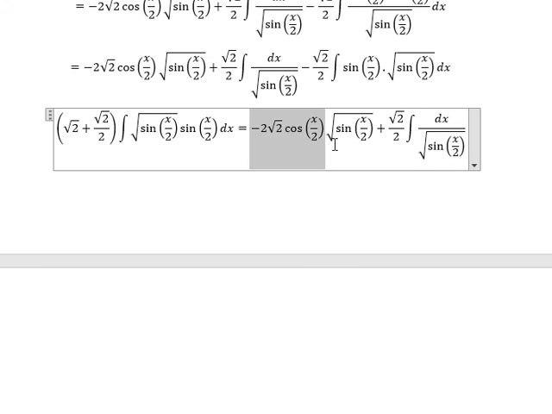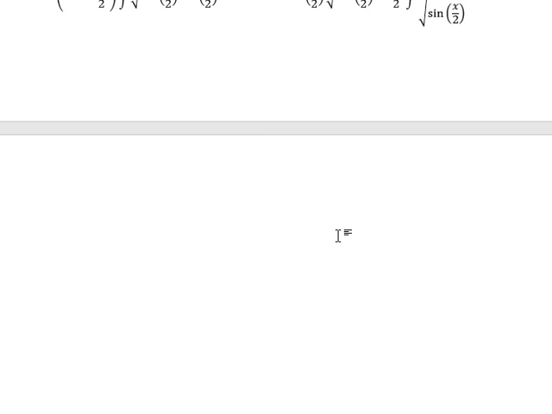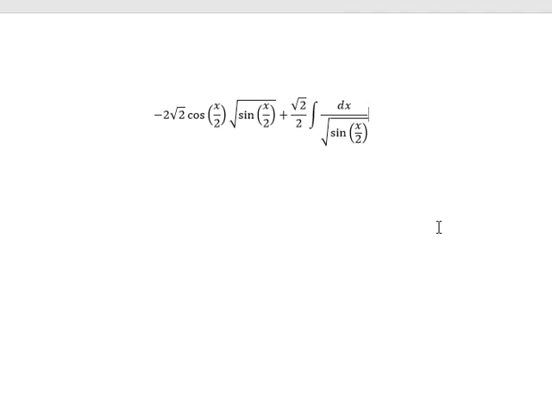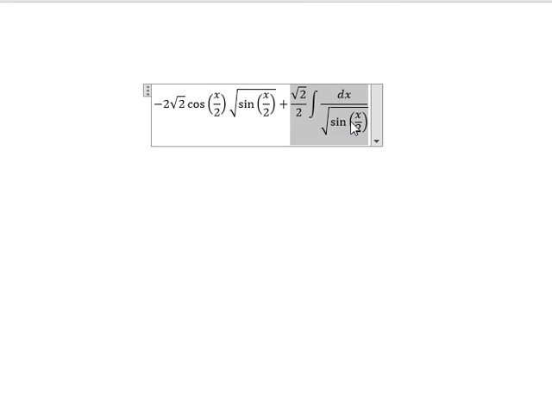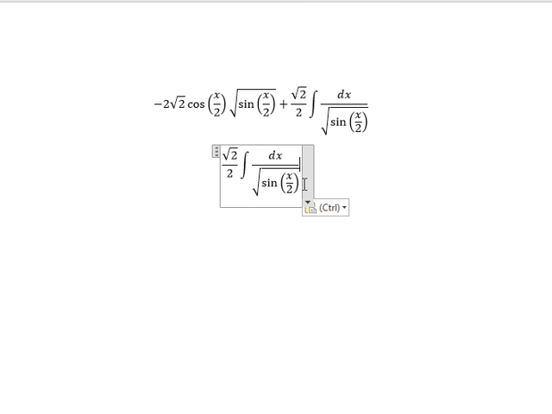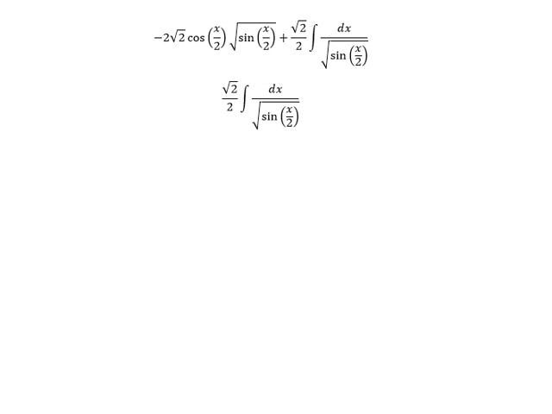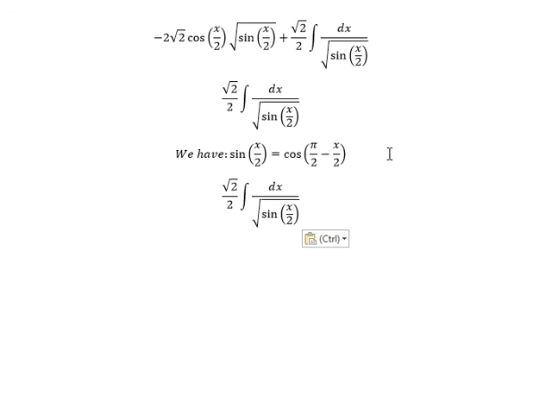Now let's go to this one. So I will concentrate on this integral in here. We have sine of s over 2 equal to cosine of b over 2 minus s over 2. So we put this one in here.